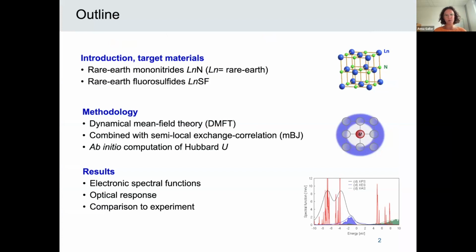And I will also show you the method we developed to compute the screened Coulomb interaction from first principles. And finally, I will come to the results for my target materials, and I will show you the electronic spectral function and the optical response of my target materials. And there will also be some comparison to experiment.